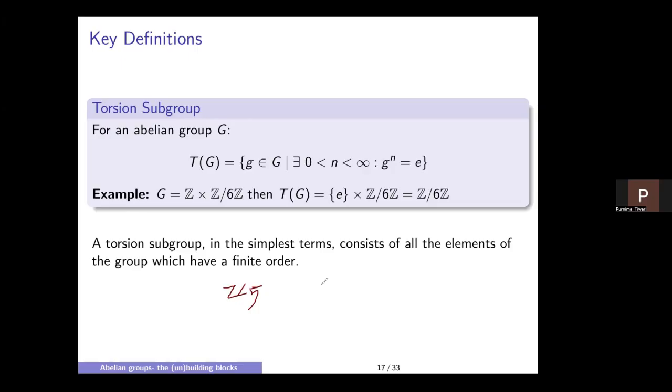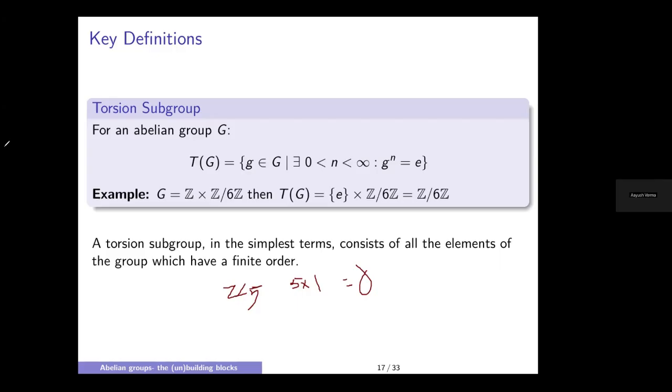If we take Z5 and say we have 5 cross 1, under modulo 5 that would be 0, right?